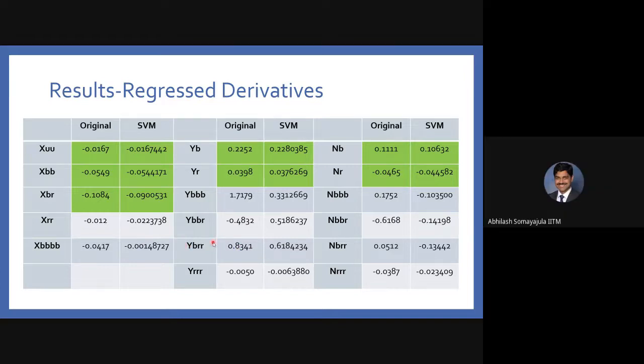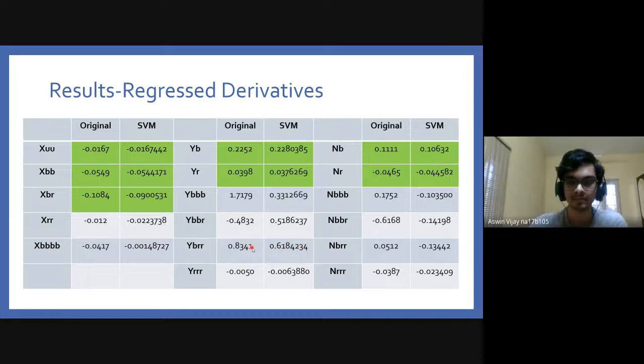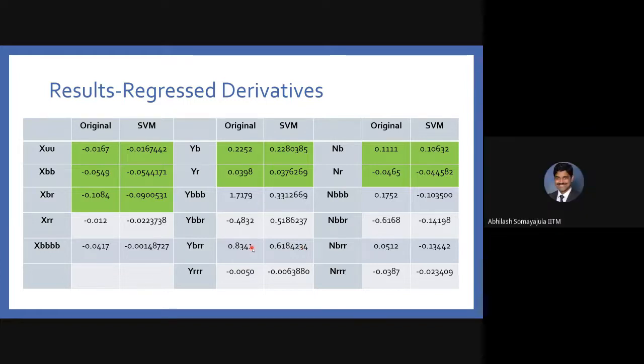No, what I feel here is that the problem lies with the fact that, for example, YBBB, which represents the third derivative of Y with respect to beta, is possibly not playing a role in either your turning circle maneuver or the zigzag maneuver.